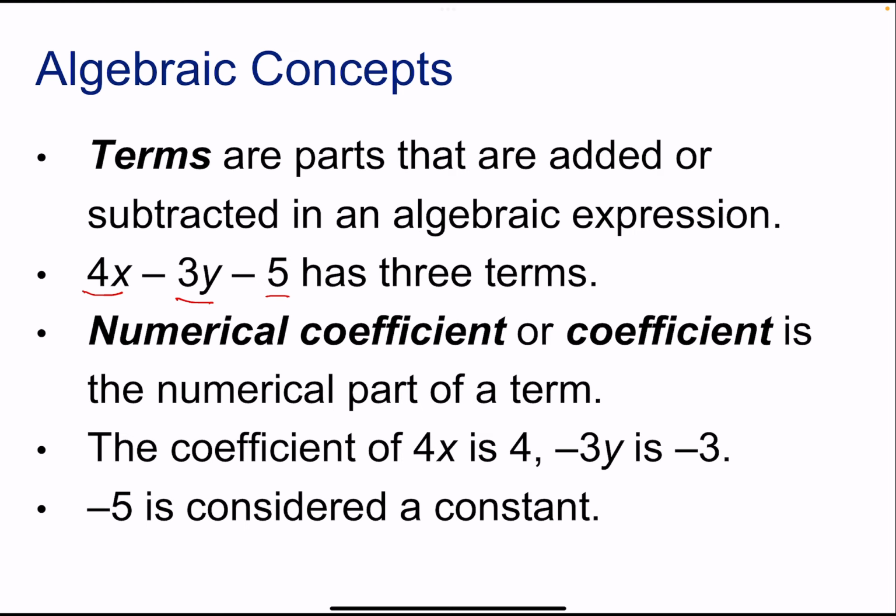For example, here the 4 is a coefficient, and negative 3, that's a coefficient. By the way, 4x really means 4 multiplied by x. Negative 3y always reads as negative 3 multiplied by y. Okay.